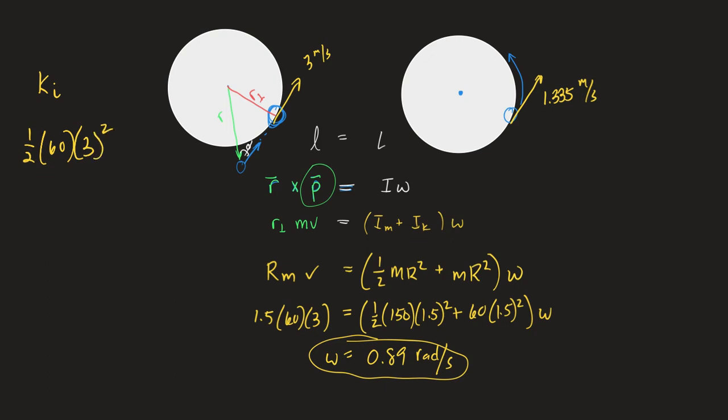I'm just throwing it out there because your first homework question does this stuff. And then what is the final kinetic energy afterwards? 1/2 times all that garbage for the moment of inertia, which I'm not going to do again, times 0.89 squared. I am very confident that there's energy lost in this collision, just like in any collision.